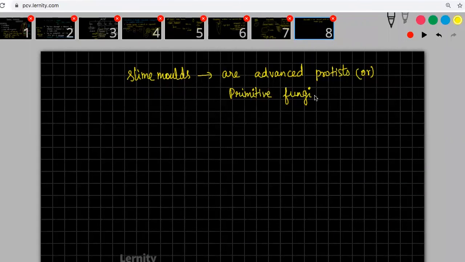We can either call them advanced protists or primitive fungi.